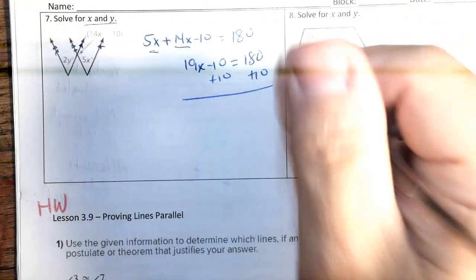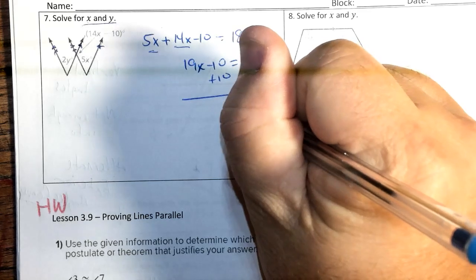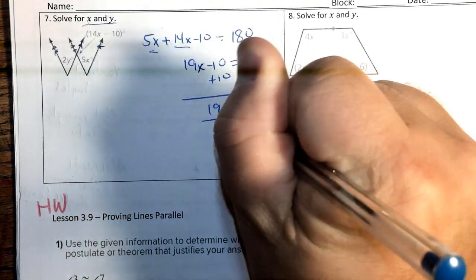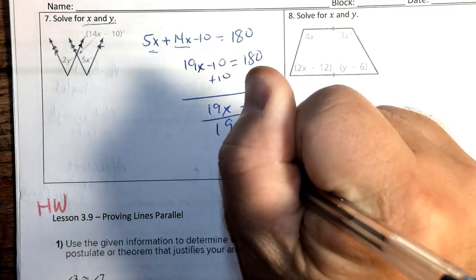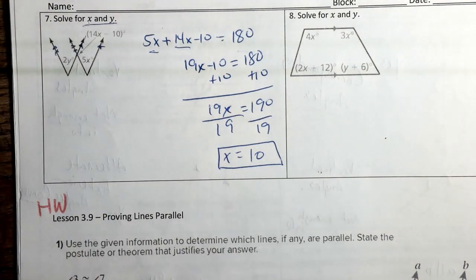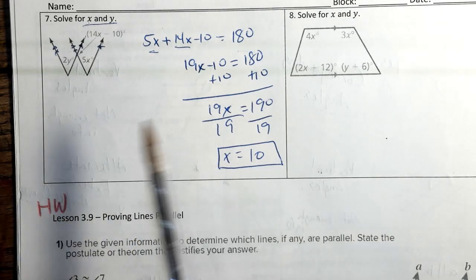So, add 10 both sides, we got 190 equals 19x. Divide both sides by 19, you're going to get x is equal to 10. Now, you could do this two ways.